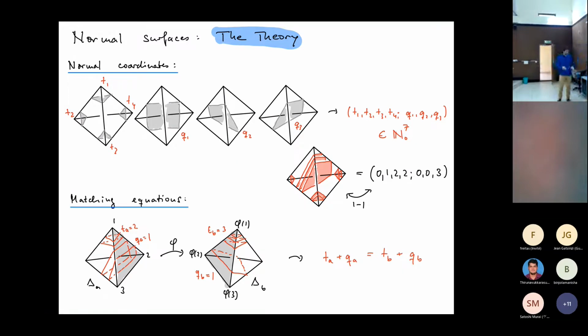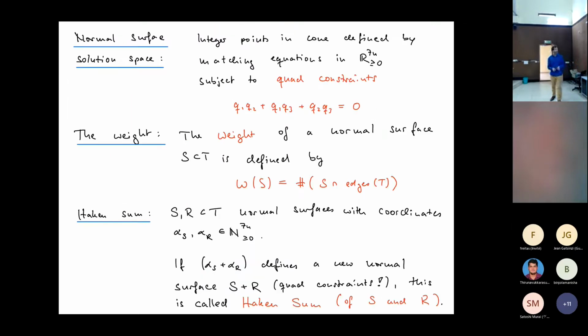So we get 7n coordinates, if n is the number of tetrahedra, and we have these 6n linear constraints. Why 6n? Because we have 2n triangles, and we have 3 types of arcs, so 6n, right? And this gives us a giant polyhedral cone, right?